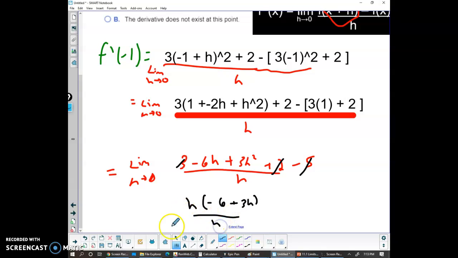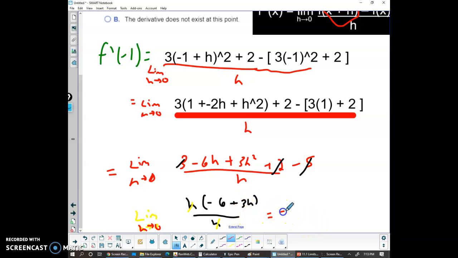We have h on the bottom, so these h's will cancel out, and then you have the limit as h approaches 0 of -6 plus 3h. Probably shouldn't have picked yellow there.